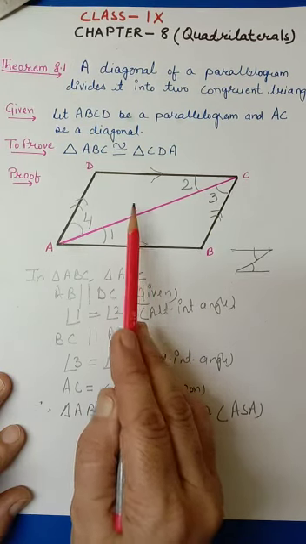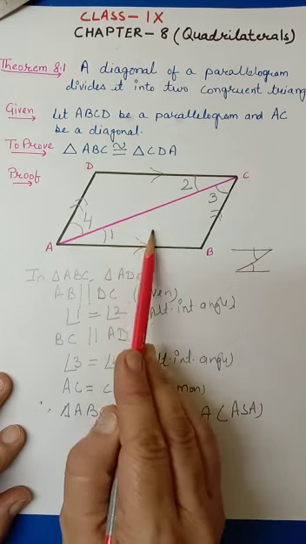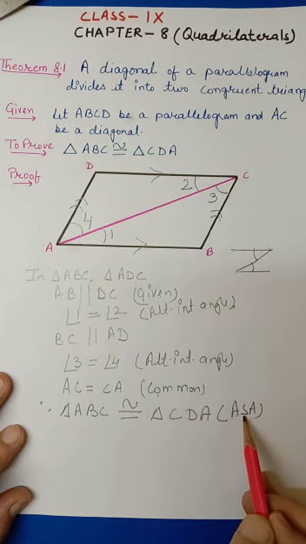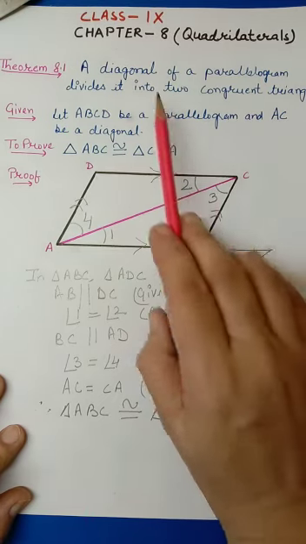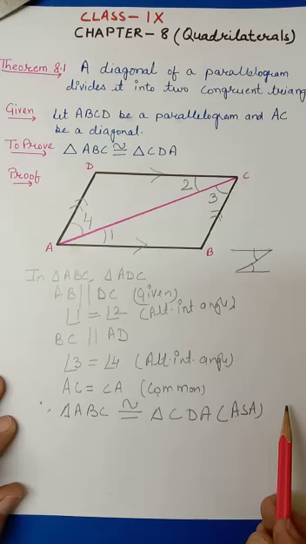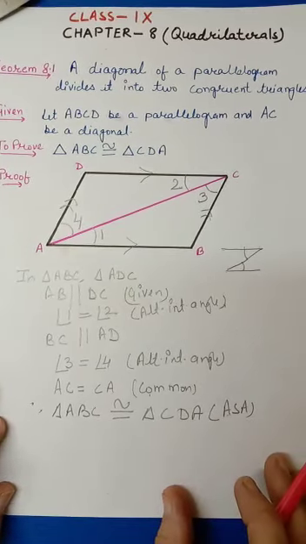So that's why these two triangles are said to be congruent triangles, by angle side angle congruency. This is how a diagonal of a parallelogram divides it into two congruent triangles here.